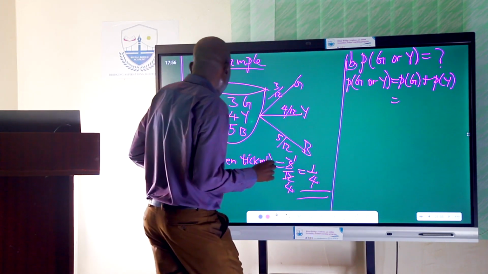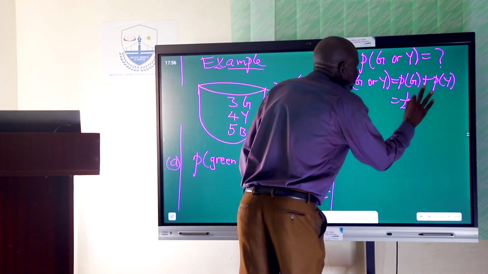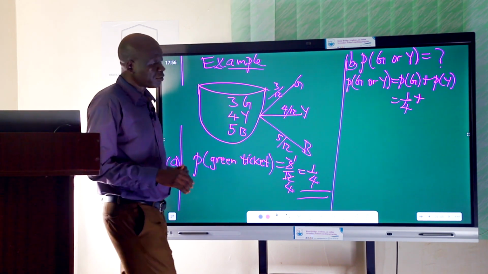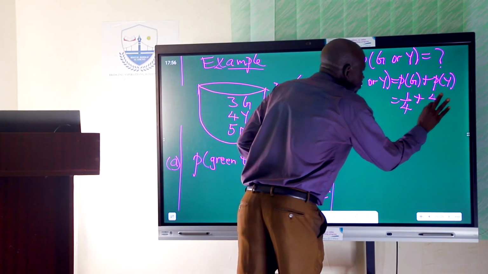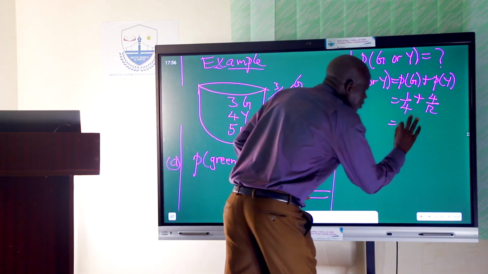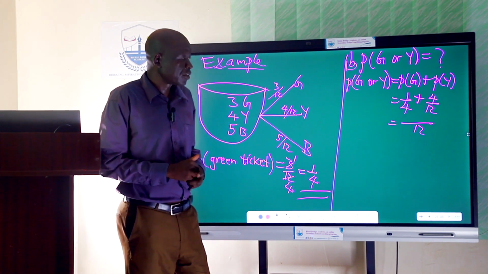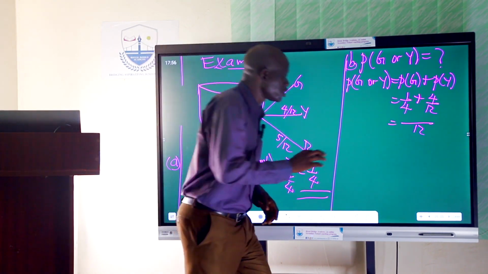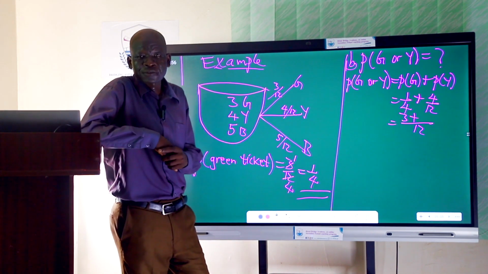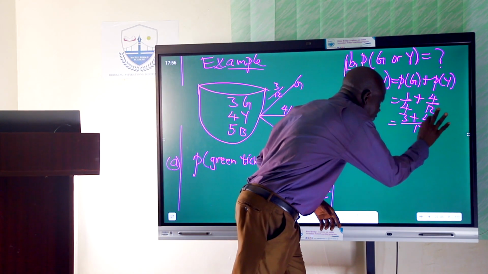But the probability of green is 3 over 12, which is the same as a quarter, plus probability of getting yellow is 4 over 12. Getting the LCM, which is 12. 12 divided by 4 is 3, and 3 times 1 is 3. 12 divided by 12, you get 1, and 1 times 4 is 4.